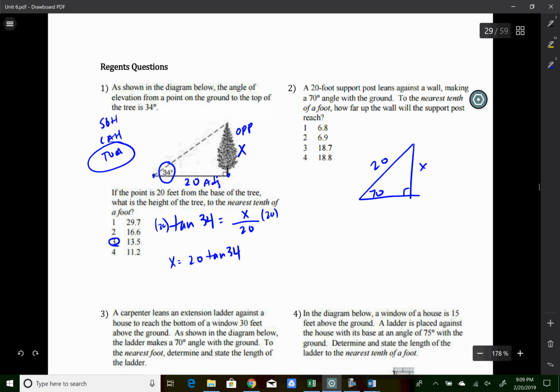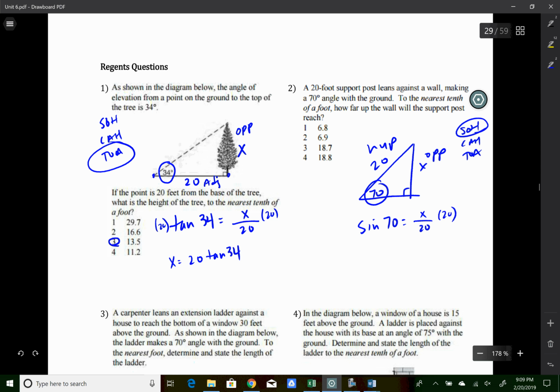Again, we have an angle. This time we have the opposite side and the hypotenuse. Looking at SOHCAHTOA, we're going to use sine because it has the opposite and the hypotenuse in it. So the sine of 70 degrees is equal to the opposite side over the hypotenuse.